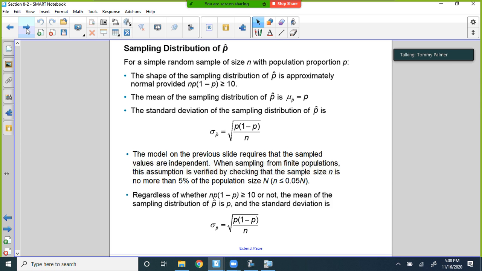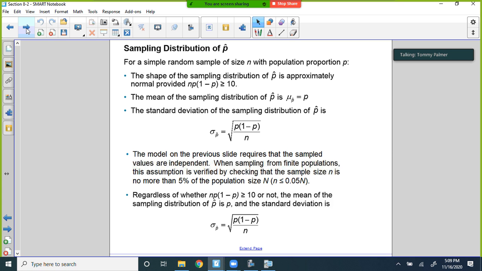All right. The mean of the sampling distribution of p hat is mu p hat, which equals the p. Again, it's just re-emphasizing that the mean of p hat is equal to the p of the population, right?